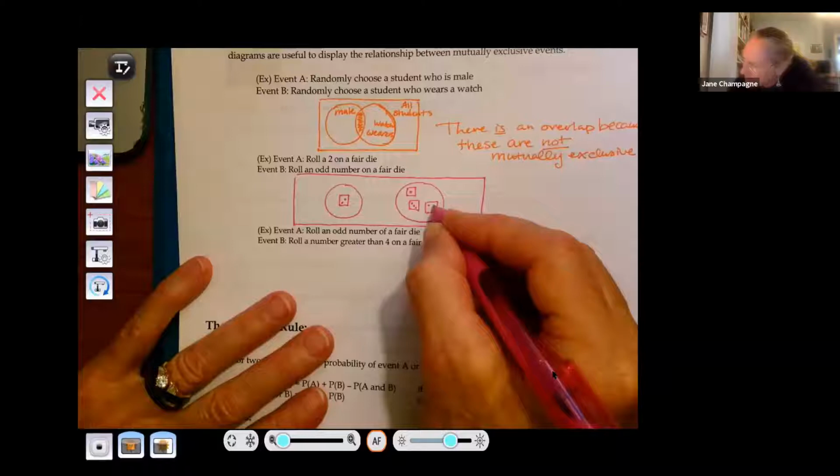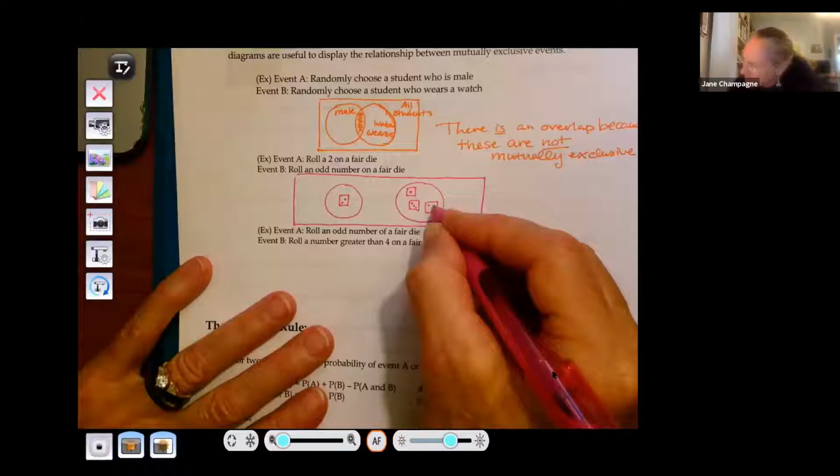So we could have a rectangle representing all students, and then circles representing the male students and the watch wearing students.